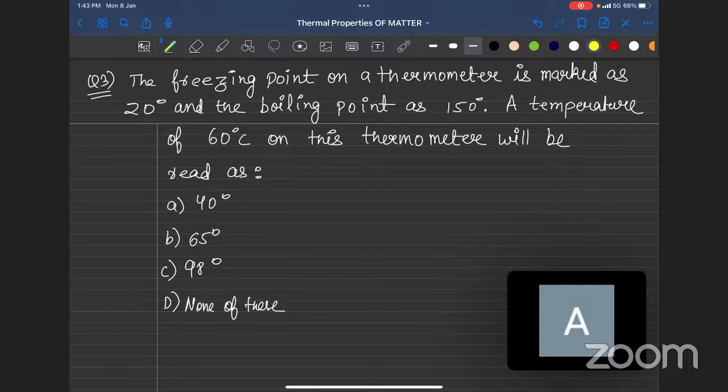Okay, students, you have 2 minutes for solving this numerical. Then I'll be providing the solution here. Okay.